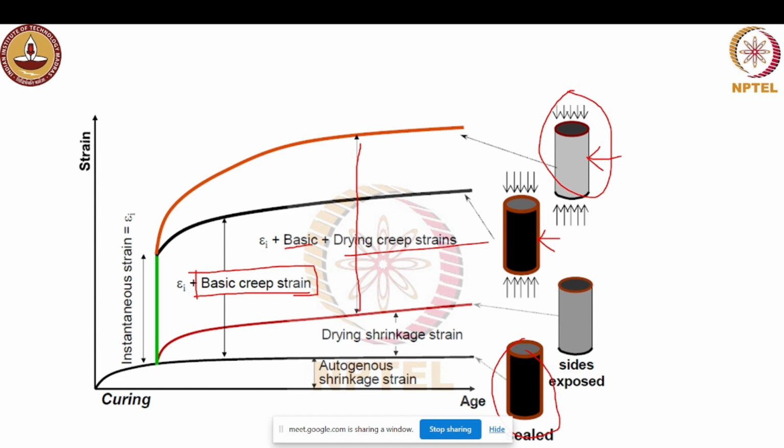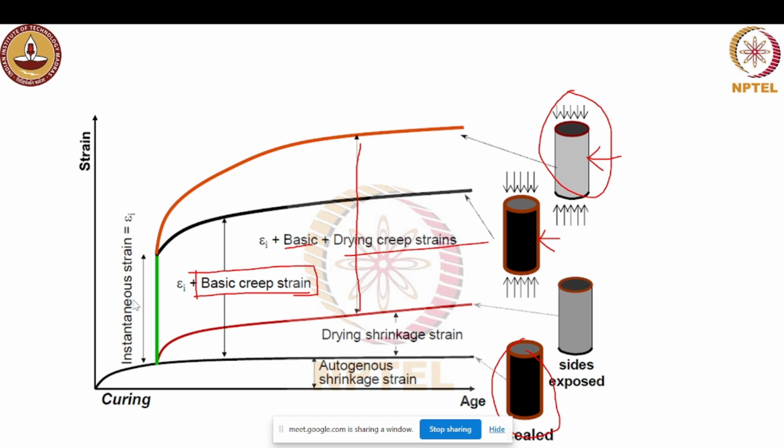Can you understand these things? When we cast a cylinder for creep or shrinkage testing, we apply foil on the 4 sides. Right? We keep the upper and bottom layer exposed. That is the normal case when we do lab testing. In that case, we are measuring autogeneous shrinkage or basic creep.